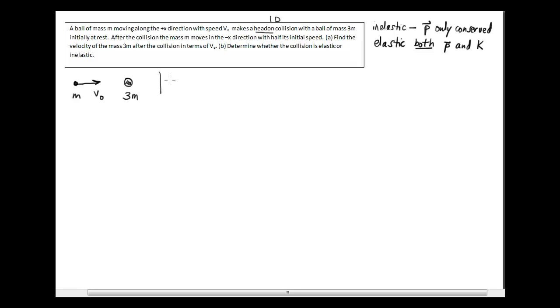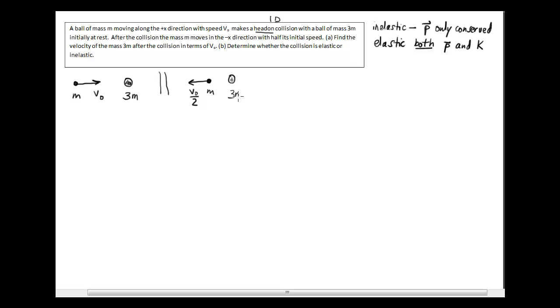And then I'll just draw side by side what it looks like afterwards. And we're told that after the collision, the mass m that was initially moving in the positive x direction moves in the negative x direction now with half its initial speed, so v0 over 2, and we don't know what the mass 3m is doing.